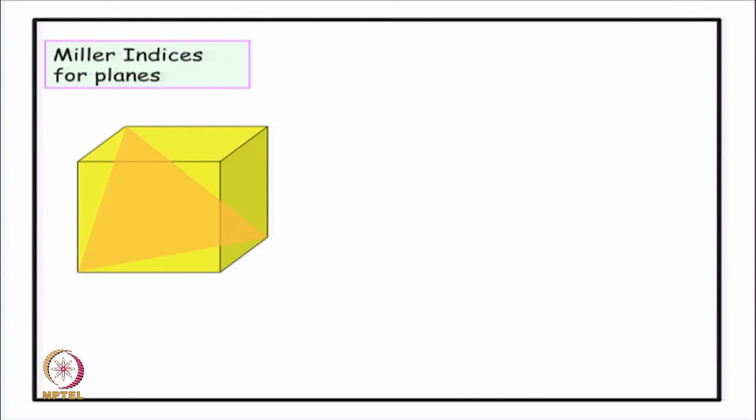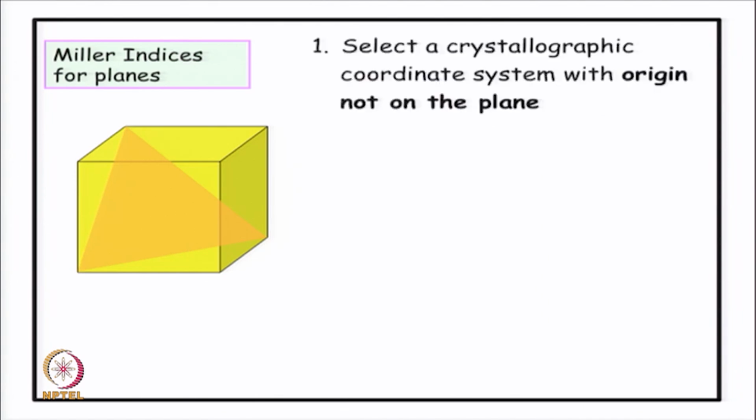In the case of plane, just the opposite is true. So, we have to select a crystallographic coordinate system with origin not on the plane. This point has to be kept in mind. It will become obvious why this requirement is there.